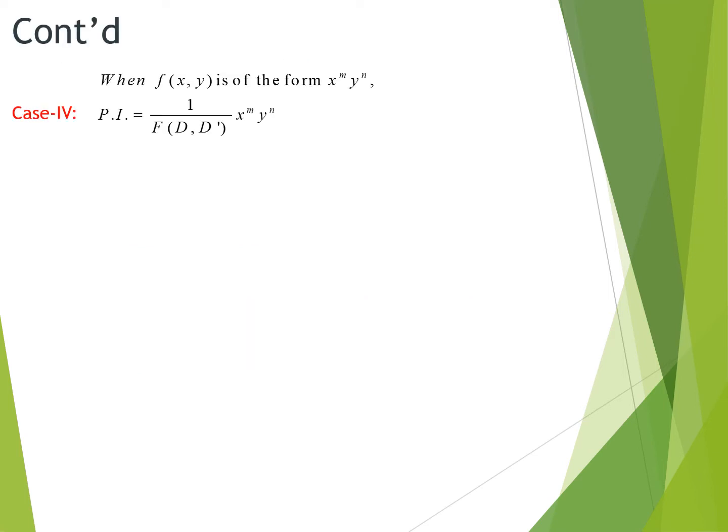The fourth case is when the function f(x,y) is of the form x to the power m into y to the power n. That means the PI is equal to 1 over f(D, D') into x to the power m y to the power n.